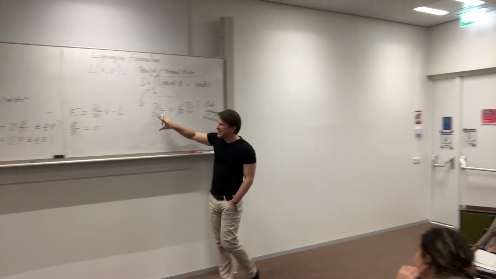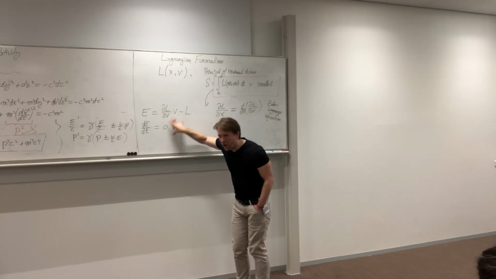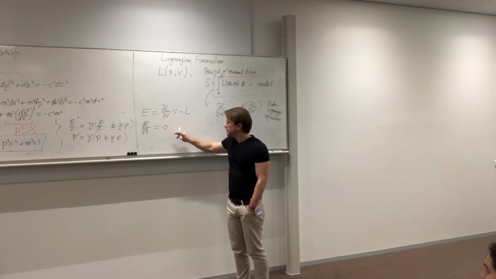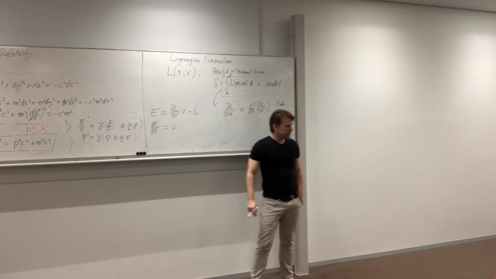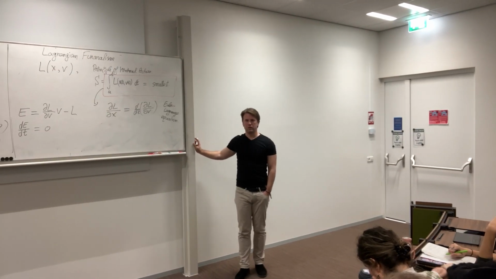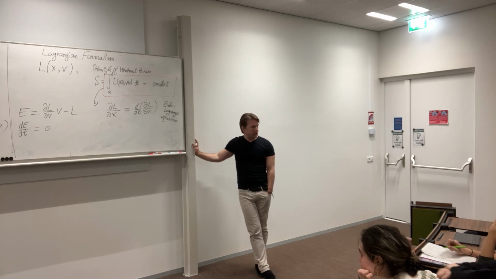So this statement here is not just that if somebody gives you a Lagrangian, you know immediately what the energy is of that system. The fact that this is always true for every system, for every Lagrangian, as Brecht and I will go through with you in the tutorial, tells you that the conservation of energy is proven for all of physics, all in one go. So that's the third reason why Lagrangian physics is useful.